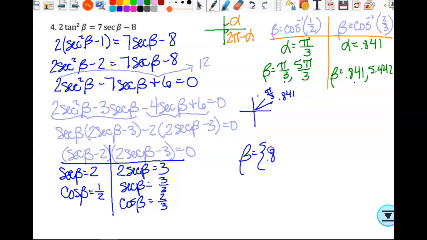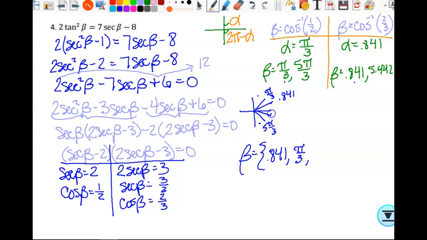So I've got 0.841 and then pi thirds. Then I go all the way around to the fourth quadrant. So pi thirds is here somewhere, right? But then what we know about the unit circle, I don't have to think about decimals anymore. That's 5 pi thirds. What I know about the unit circle and its reflections and its symmetry, would 5.442 come before or after that?